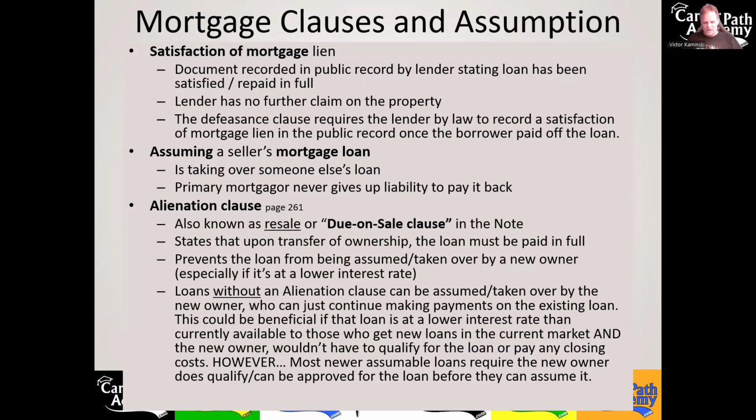Did you know that most FHA and VA loans are assumable? I did not. Your lender tries to throw in their alienation clauses in there or tell you that it's not assumable, but most of them are.